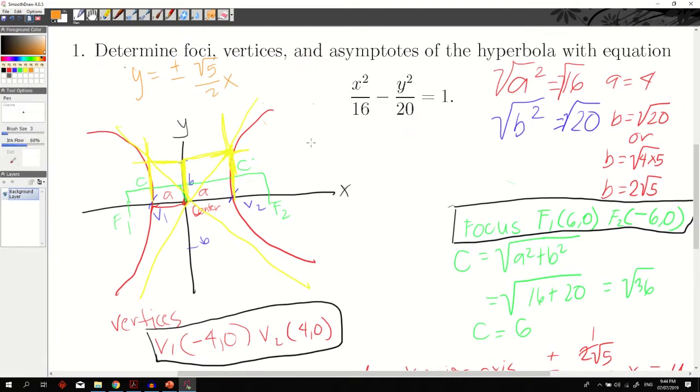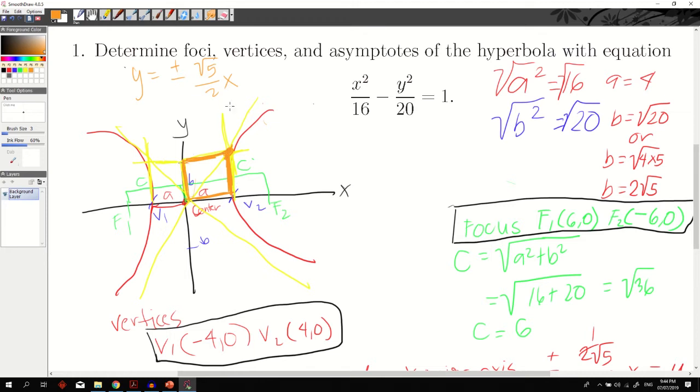Now, if the distance of b here is equal to this distance over here, and it intersects with the distance of a, this is the distance of a here. So it's the same distance. This one should answer it.